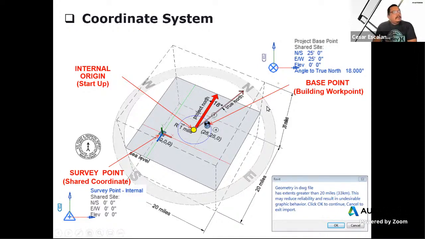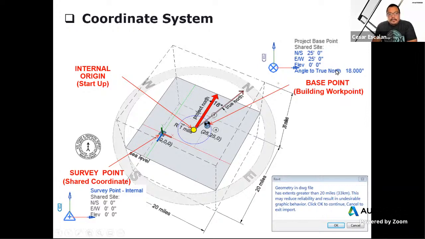So any questions here about these concepts or these 3 points? Internal origin, it's fixed, it's now visible, you cannot change it, you cannot move it. Survey point is the 0, 0 of Revit, but it's a relative point, it can move in XYZ, and you snap it to a point that is agreed upon by the architect and the civil.